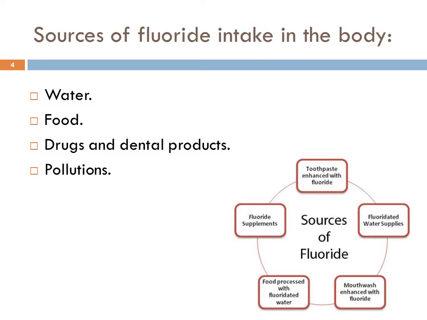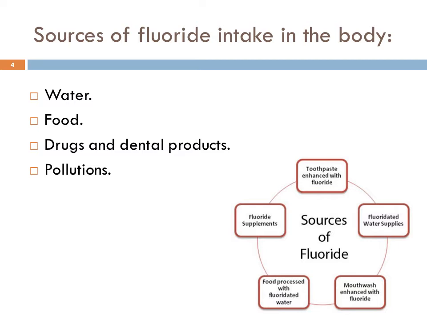So how can fluoride enter our bodies? The intake of fluoride in the body could come from the water that we drink, either natural spring water or fluoridated water. Many developed countries developed what's called communal water fluoridation. So we can get fluoride from drinking water.